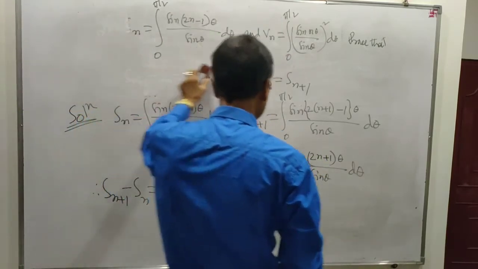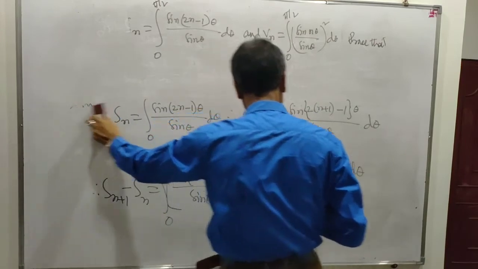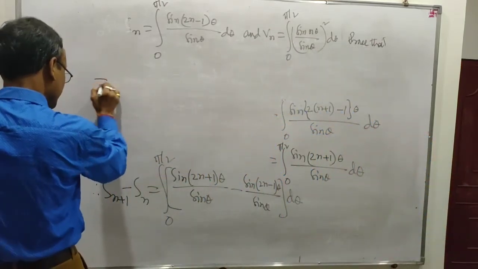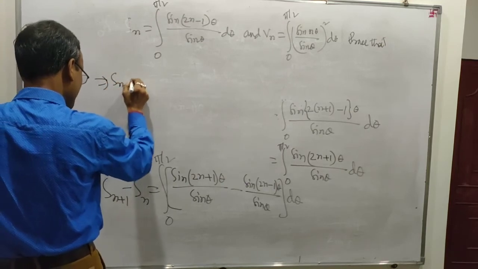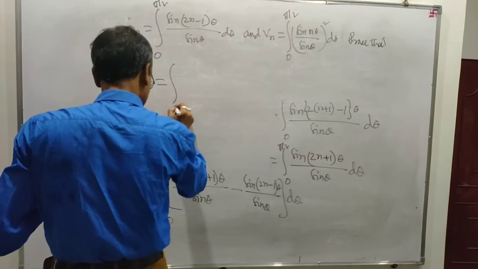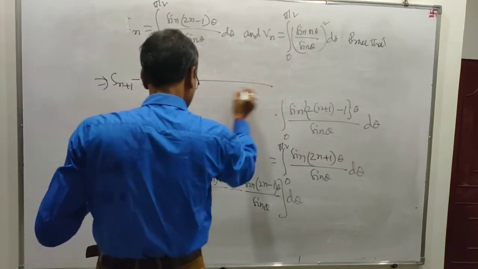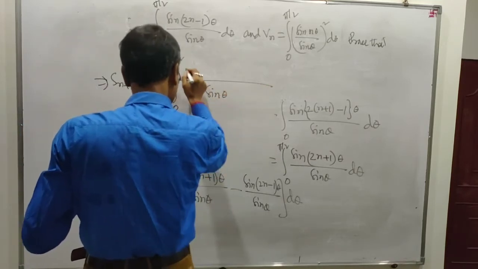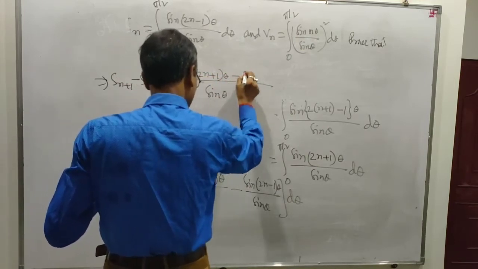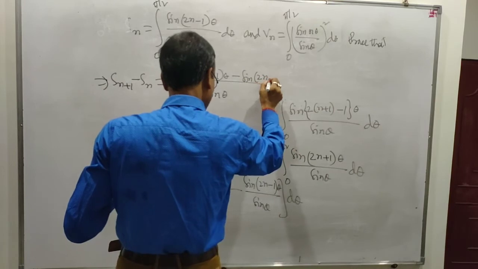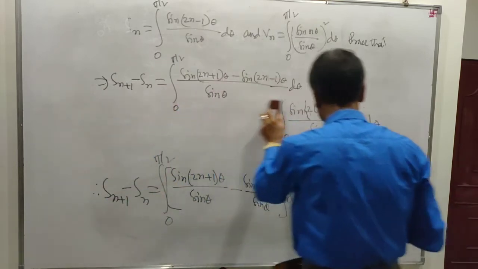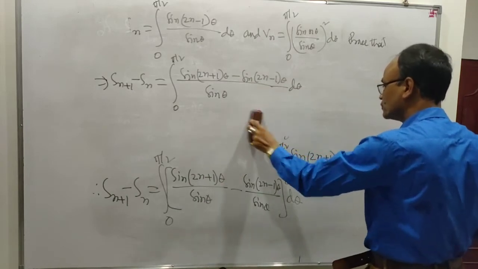Now, this means Sn plus 1 minus Sn equal to integration 0 to pi by 2, and it is sin theta, sin twice n plus 1 theta minus sin twice n minus 1 theta d theta. It will be like this.